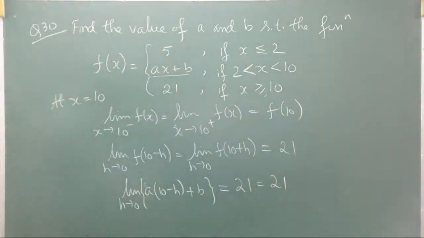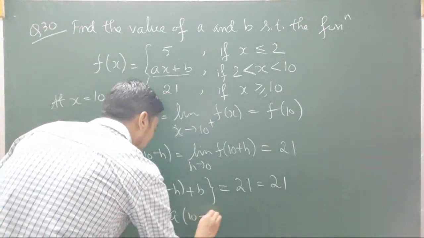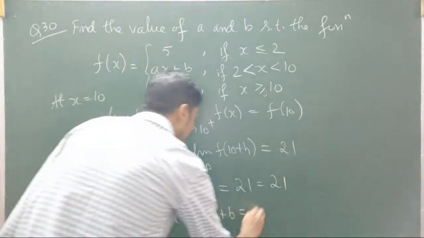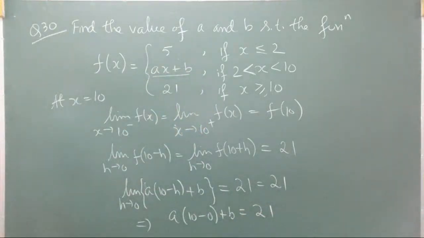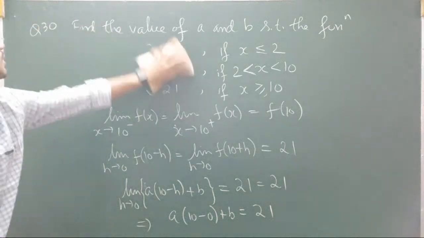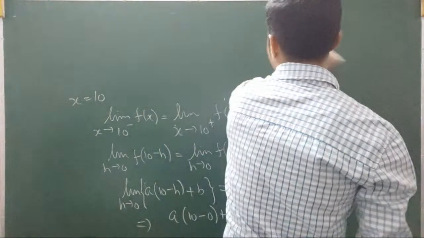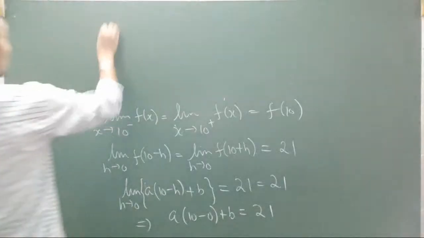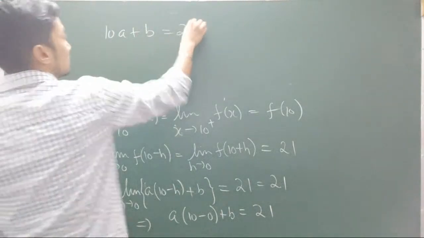So we can just write directly, that is a into 10 minus 0 plus b is equal to 21. So then what we have is 10a plus b is equal to 21.